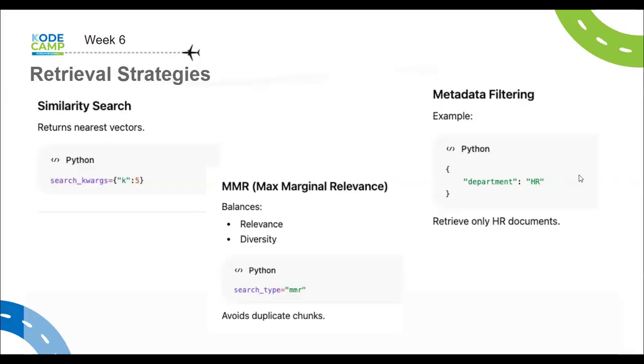So for example, if you only want to search in documents for either HR or for medical, then you can use metadata to specify where you limit it to. Metadata is also what you use to limit access to the results. Limit the access to only those who are authorized to access it.